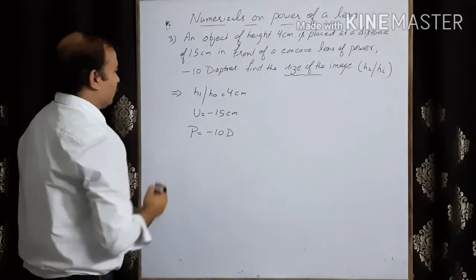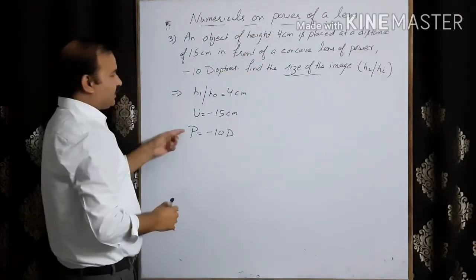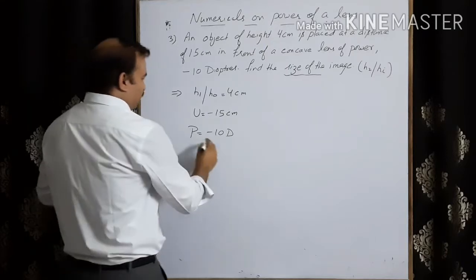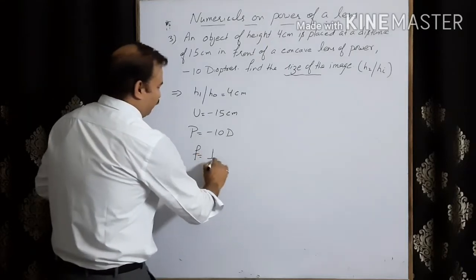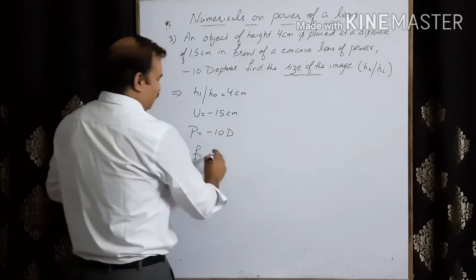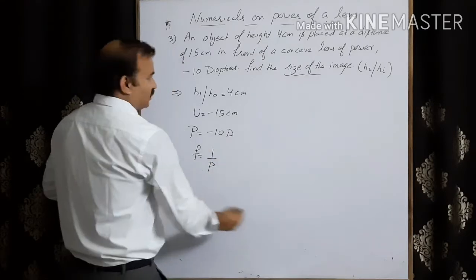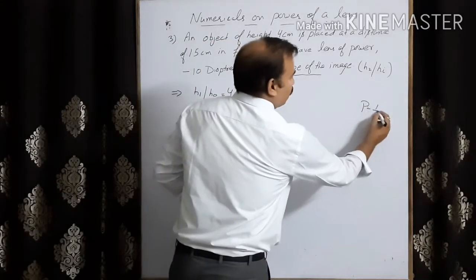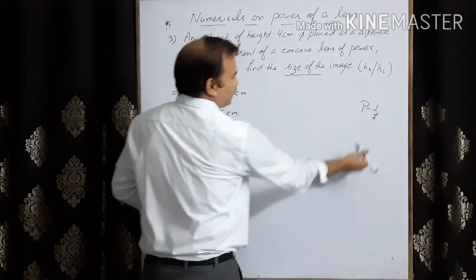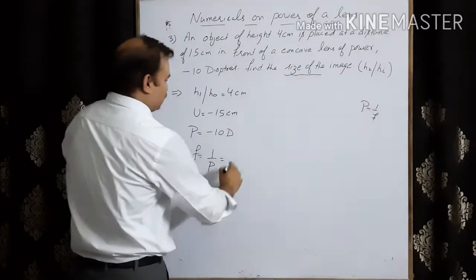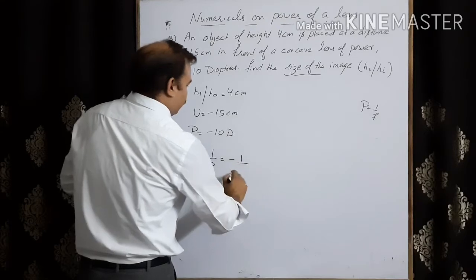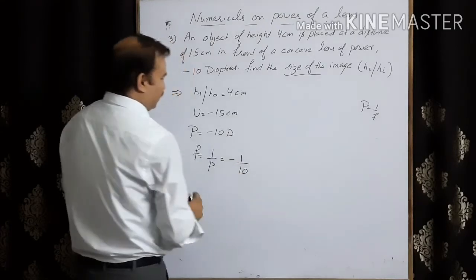Fine. Now, first of all, we get the focal length from this part. So focal length is equal to 1 upon power, because it was like power is equal to 1 upon focal length. So interchange the position, focal length will be 1 by p. So it is equal to minus 1 by 10.